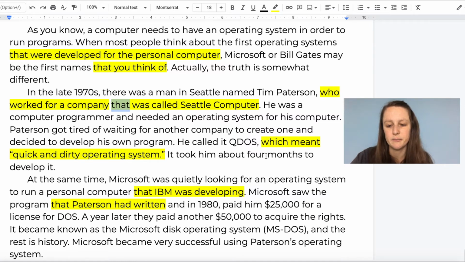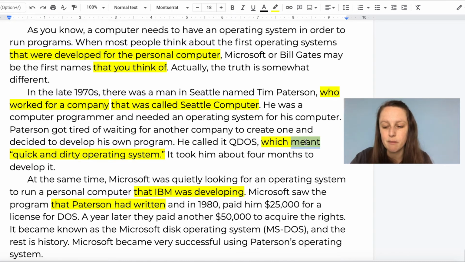Let's look down here. This adjective clause, which meant quick and dirty operating system, is describing or giving more information about QDOS. So we're looking at our relative pronoun which, trying to figure out if it's subject or object of the clause. Again, we find the verb, meant, and we look for the subject of that verb.